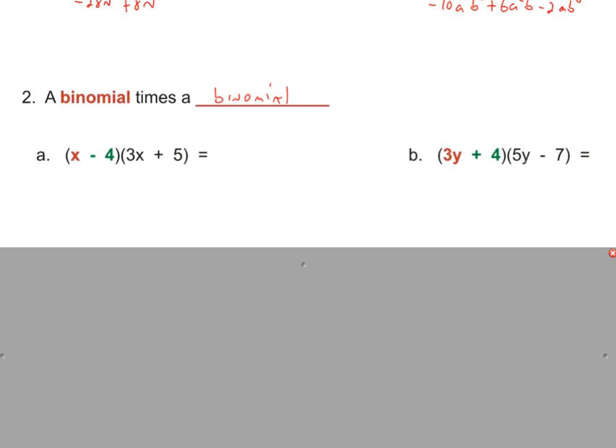Now, again, many would at this point teach you the acronym of FOIL, which is basically a way of remembering how to multiply a binomial times a binomial. What does FOIL stand for?